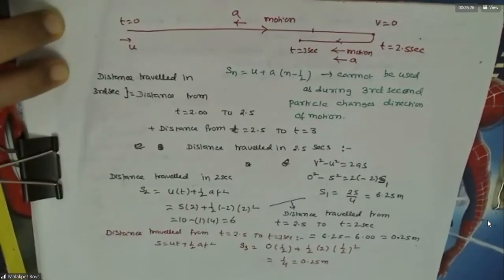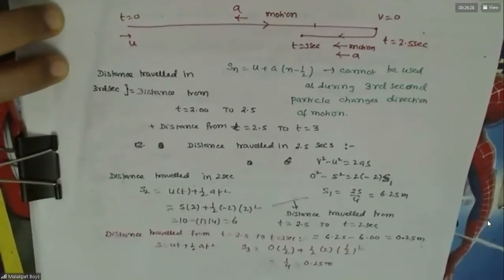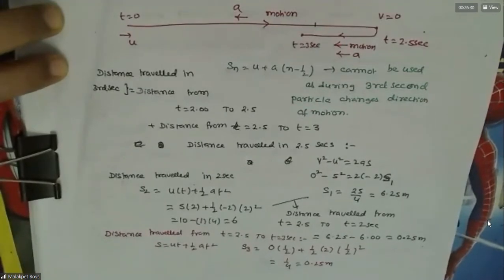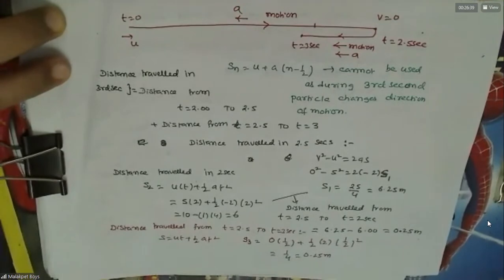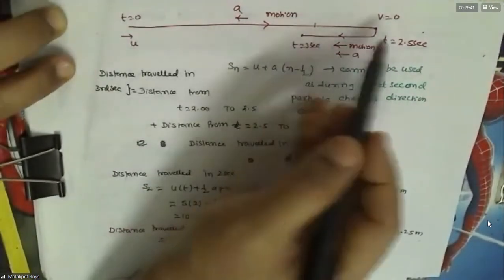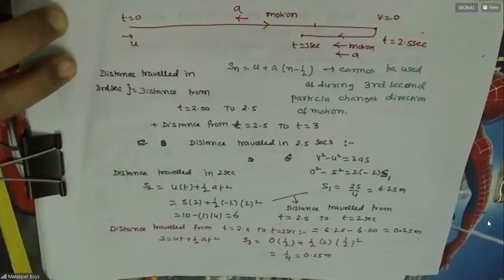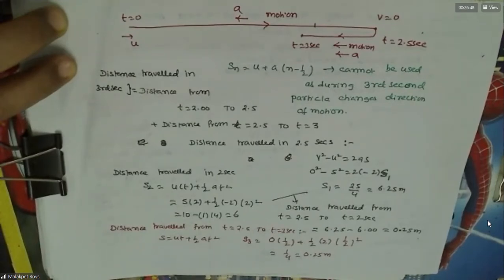0.5 meters you'll get. So if you find the velocity at 2 seconds and then put it in the formula ut plus half at square, we can do like that, sir. You can do. But I'm getting a different answer by that method, sir. No. Velocity at 2 seconds you'll find. Then I will find the distance between 2 to 2.5 seconds, sir.